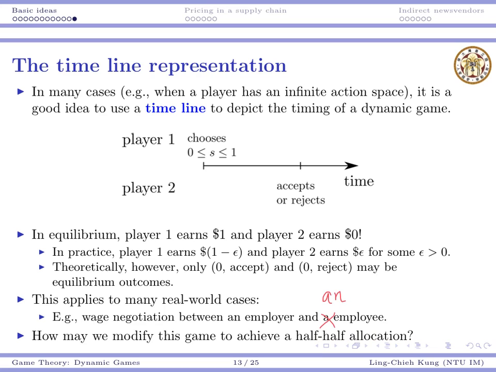Somehow they find a game rule to share this $1 and at the end, in equilibrium, they get half-half. Okay, there are all kinds of possibilities. Think about it, design your own rule, and ask yourself what will be the equilibrium outcome. We're going to discuss this in class. Okay, thank you.